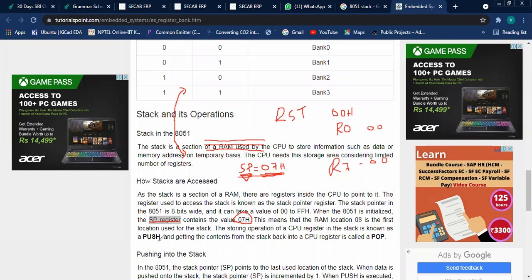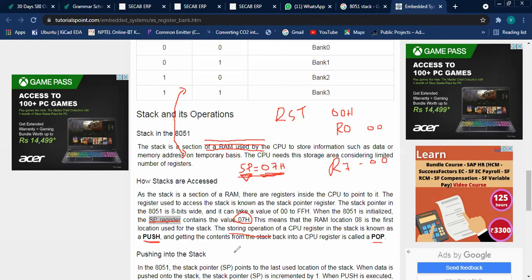One is push and another one is pop. Storing means whenever the CPU wants to store data temporarily on the stack memory, it uses the push instruction. It is called pushing the data onto the stack.